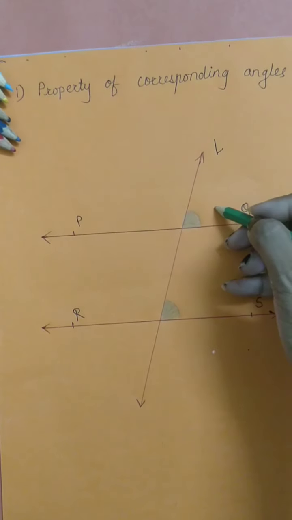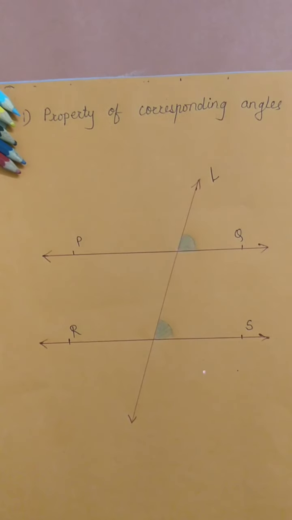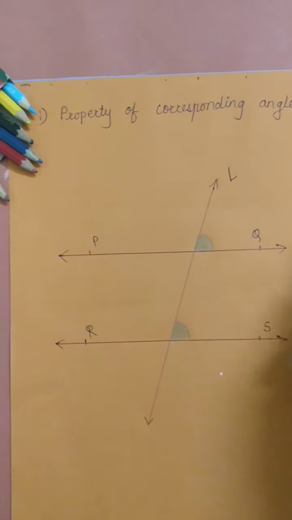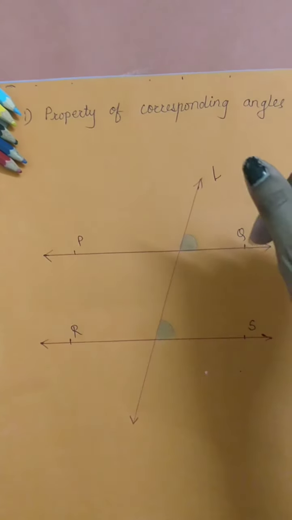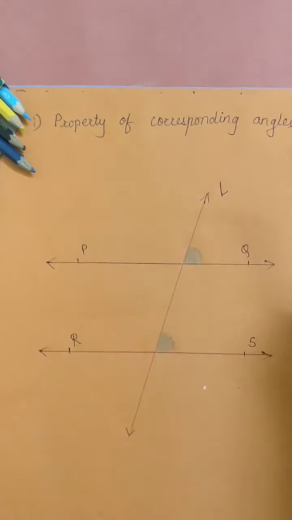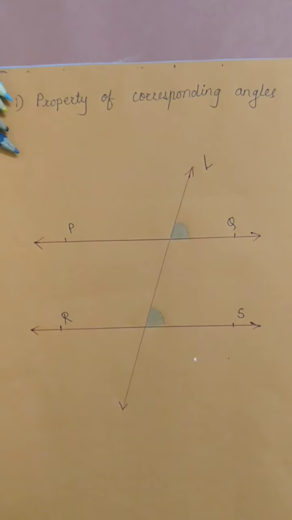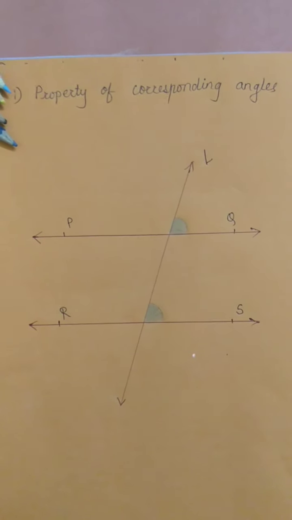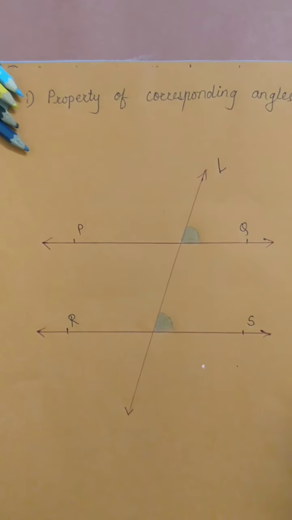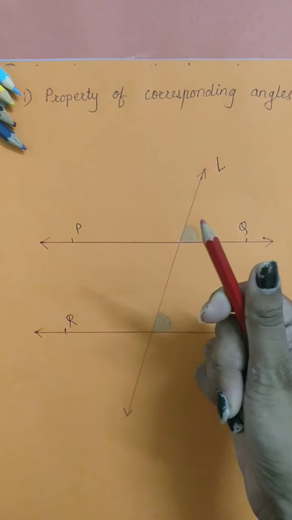So now we have got this one pair of corresponding angles, and we can say that these two angles are congruent. Now you have to tell me which one will be the next pair of corresponding angles. You can write in your notebooks also, but I am going to represent this second pair with this red color.